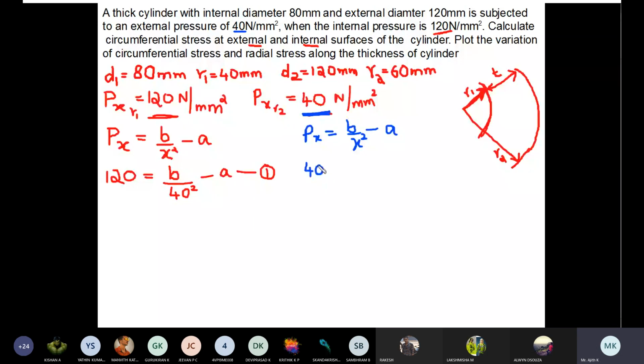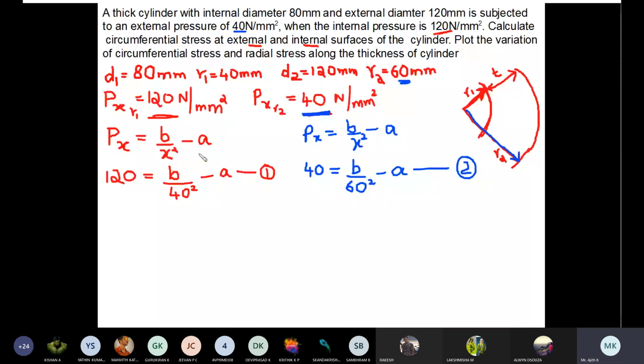So 40 is equal to b, which we keep as it is, divided by the value of x at outer surface. X at outer surface is R2, and R2 value is given in the question. It is 60. So 60 square minus a. This is equation number 2. So you have to solve equation number 1 and 2.